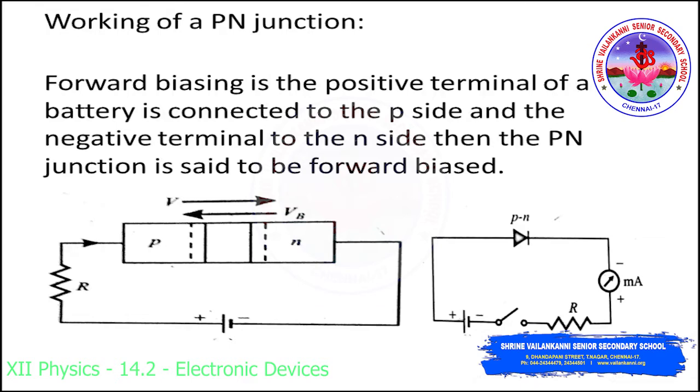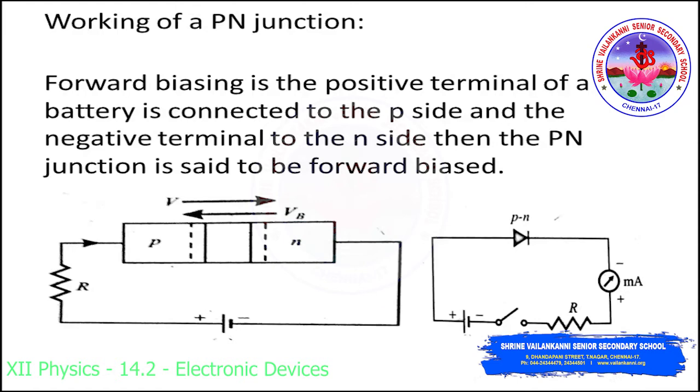The effective barrier decreases from V_B to V_B minus V, right? So the energy barrier across the junction decreases. Then the majority charge carriers, that is holes from the p-type and electrons from the n-type, begin to flow towards the junction.